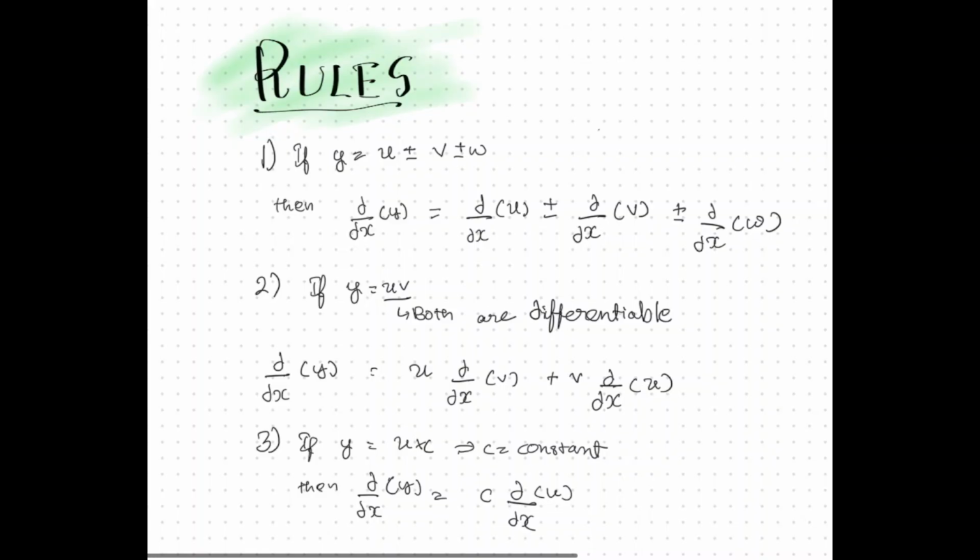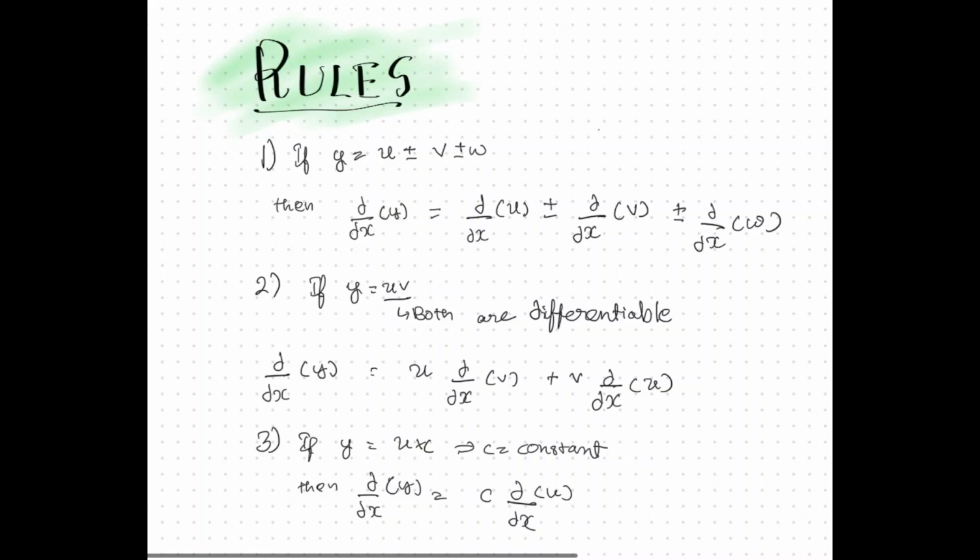So if you have something like d by dx of, let's say, x cube plus x power 5 plus 10, you can express it as differentiation of the first one, x cube, plus or minus differentiation of the second one, and then the last will be differentiation of the constant, here 10. So you would express it in that way, differentiating each and every component. Then you get your answer there.